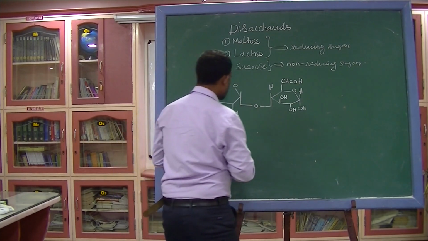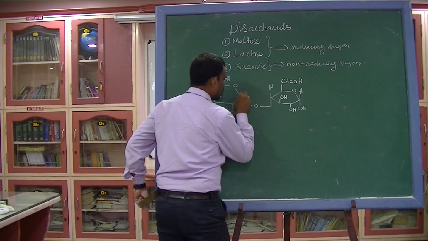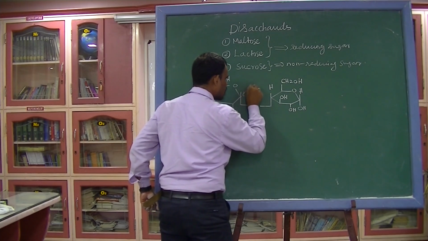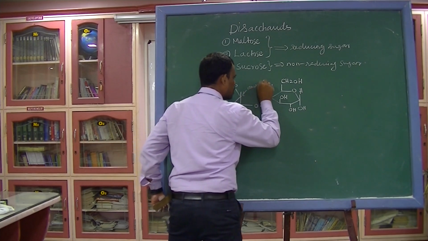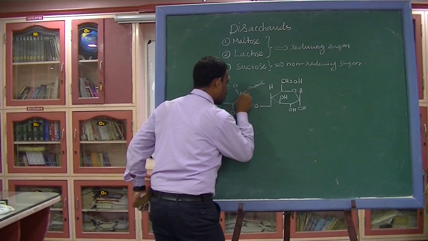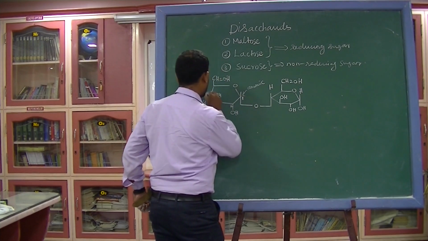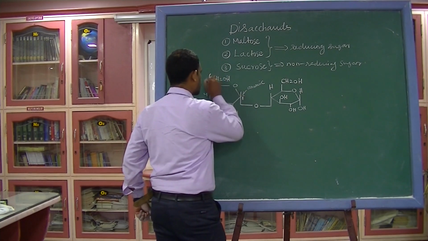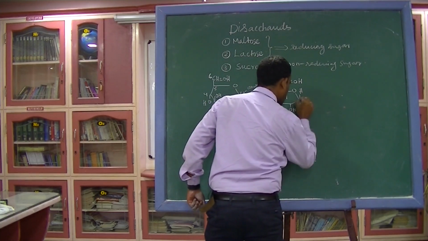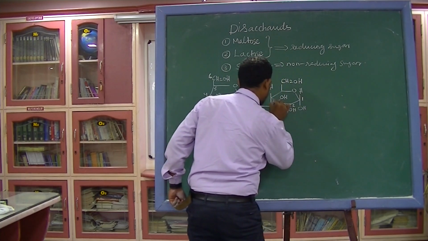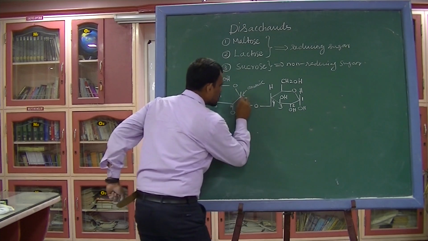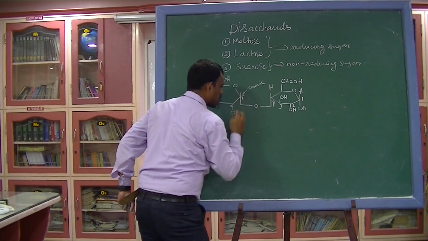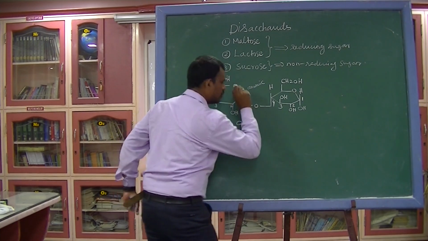See, this is a bond, this is the anomeric carbon, carbon number 1, 2, 3, 4, 5, 6. This is carbon number 1, 2, 3, 4. Since this bond is down, this bond is nothing but your alpha.